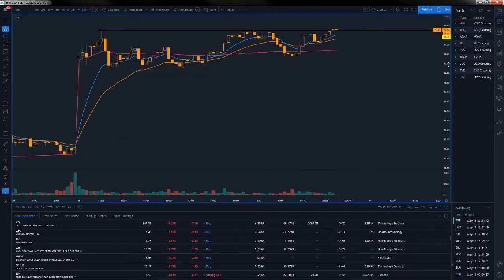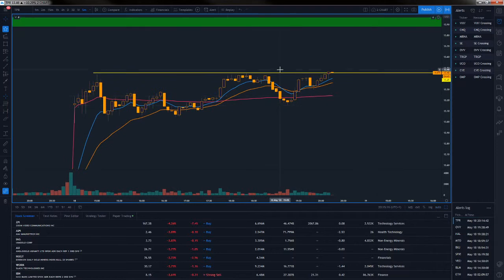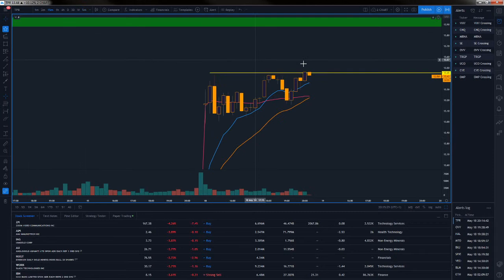So for example, TPR here, what we really wanted was a sideways consolidation, really get that 90 EMA wrapped in. It still could happen, but like I said, by the time you do this, you potentially run out of time.